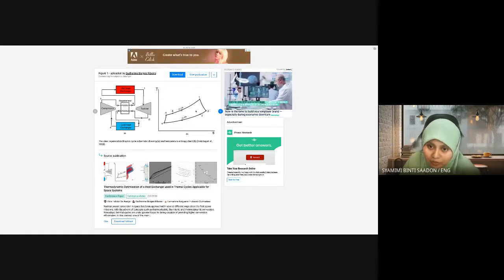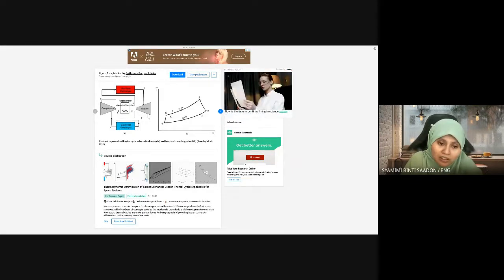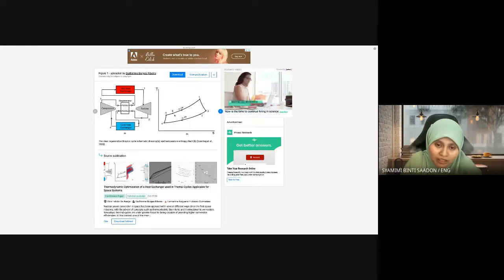That is one way. Before it is rejected as waste heat, we use this heat to increase the temperature before the working fluid enters the boiler or evaporator or the combustion chamber.